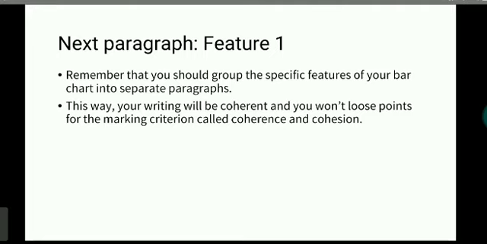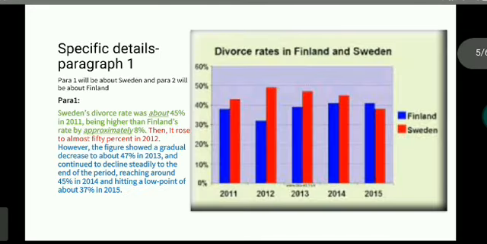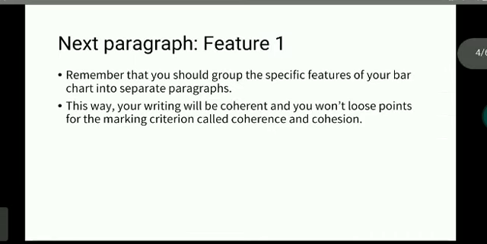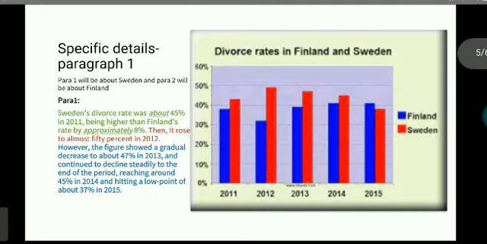So let's look into feature number 1. When it comes to specific features, you should have 2 paragraphs. One paragraph should be about Finland and the other paragraph should be about Sweden.